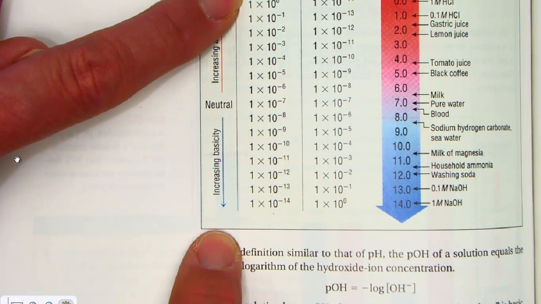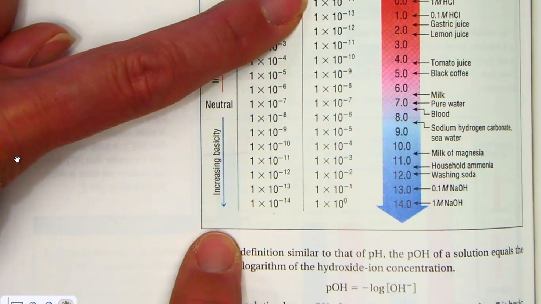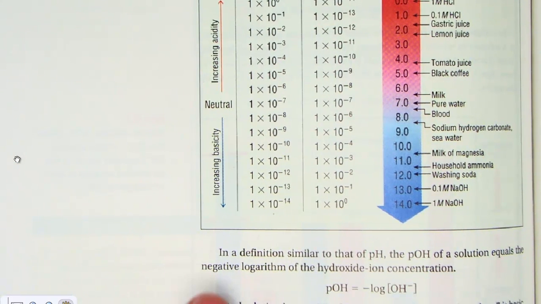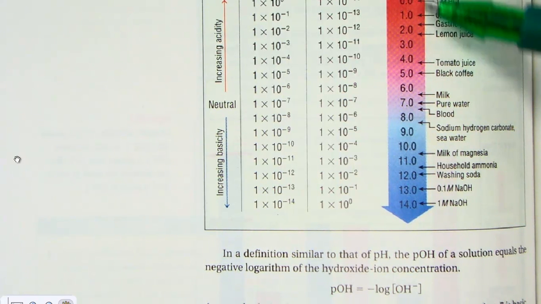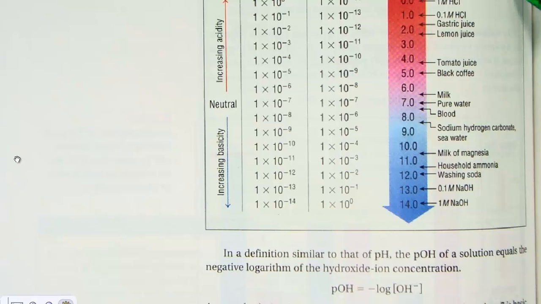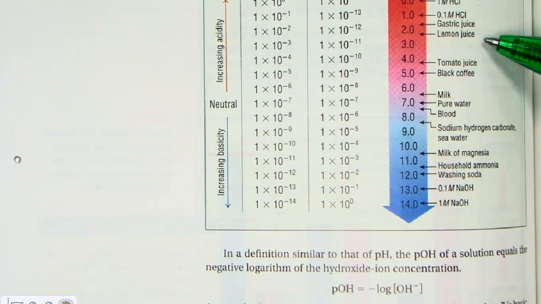We have a column that's giving us the concentration of hydrogen ion in molar units. We have the concentration of the base ions called hydroxide in molar units, and how they relate to a numbering scale from 0 to 14 on a pH scale. We have some examples provided for us as well, an aqueous system such as hydrochloric acid, gastric juice, lemon juice, tomato juice, my favorite, black coffee.